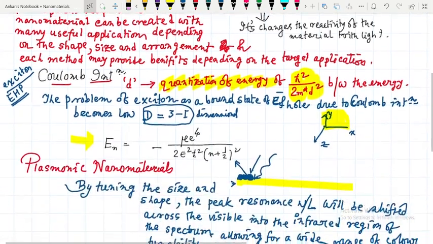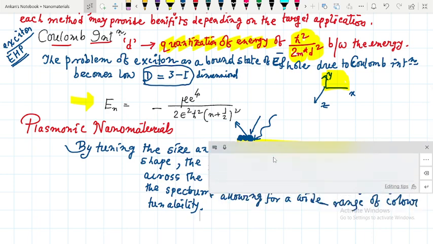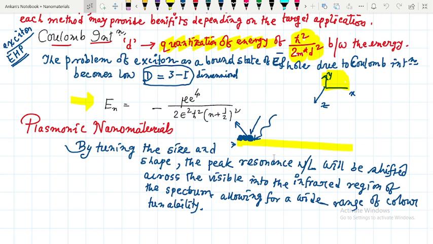So by controlling the shape and size of the particles, we can tune the wavelength of the light collected from the particles at the surface of the material. This is the application of plasmonic nanomaterials, and in this regard it is very important nowadays.